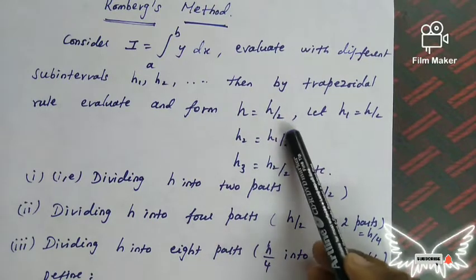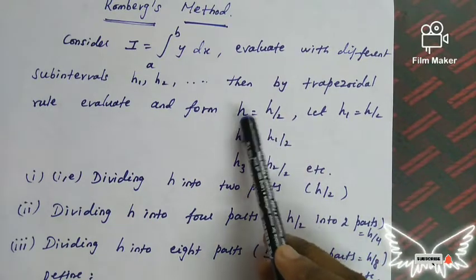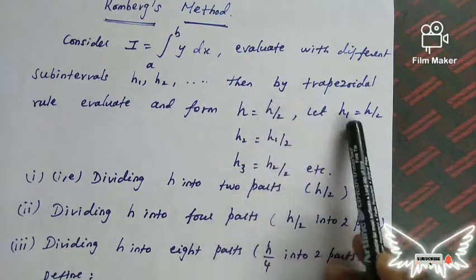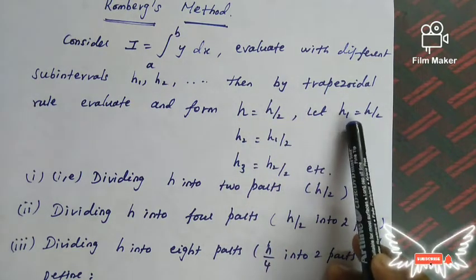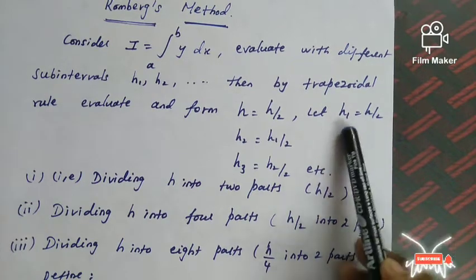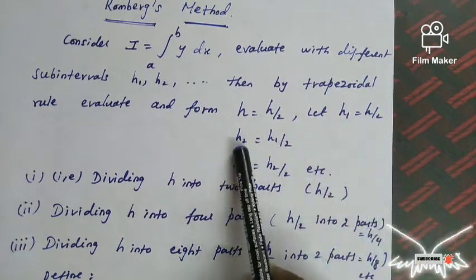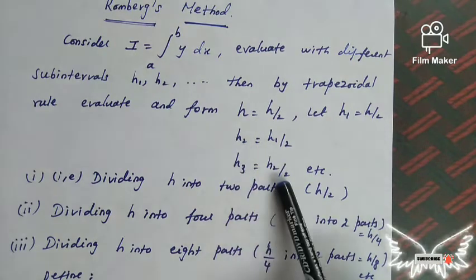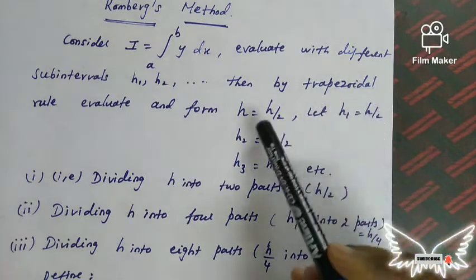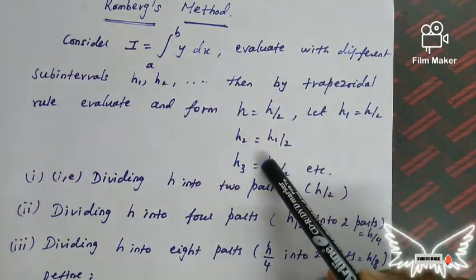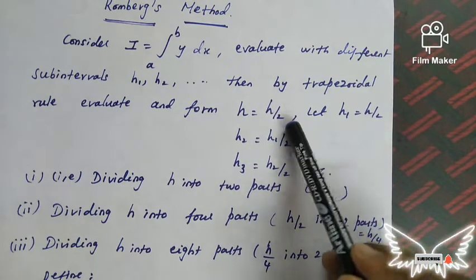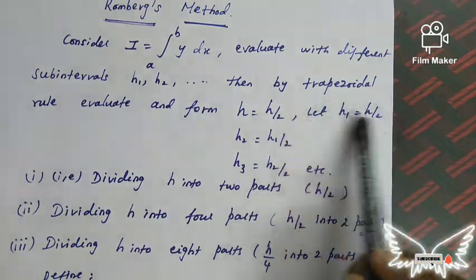Likewise for each interval, first we form h equal to h by 2, and this h by 2 we can call h1, the new h. After this, h1 can be divided by 2, that is h2, and h2 can be divided by 2, that is h3, and so on. Using the trapezoidal rule with h equal to h by 2 we find the integration value.